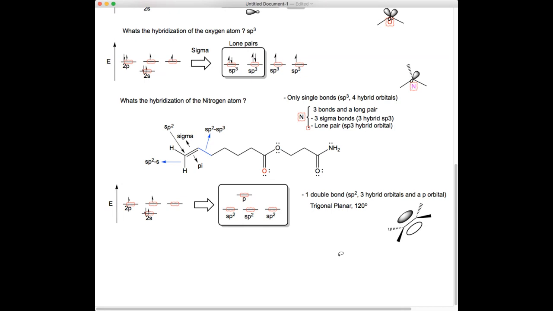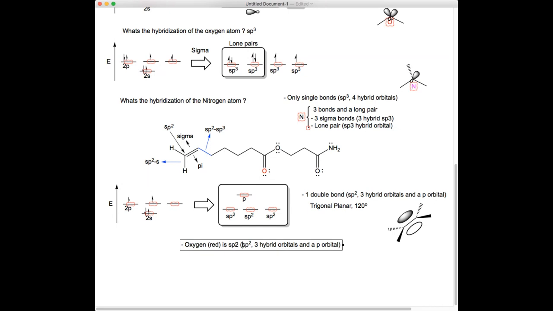Okay, sp2 hybridized means that, and I'm gonna write it over here once again, this oxygen is sp2 hybridized.